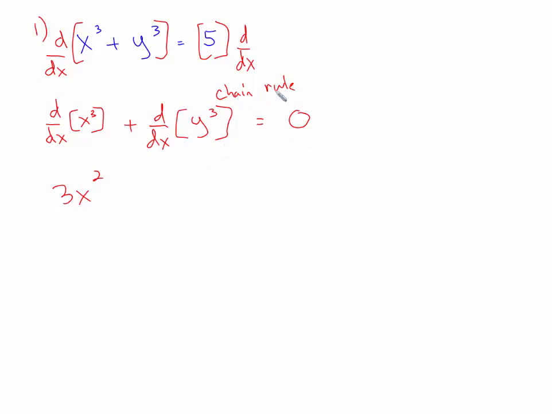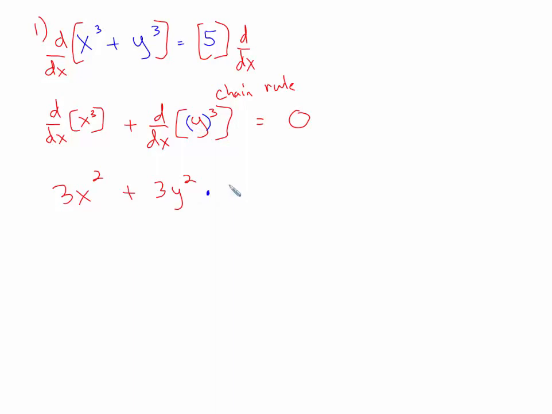What you're going to do is take the derivative of the outside function, or the whole function. This is basically just a general power rule here, because we have y to the third, and what happens is, remember chain rule, you have to think of this y now as the inside function.